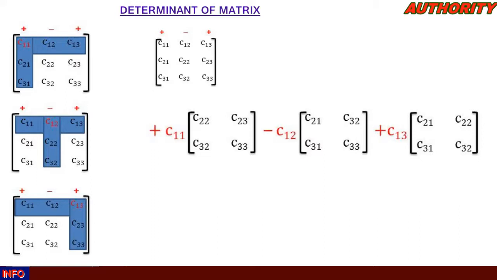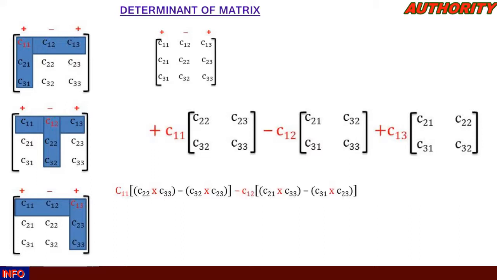Now, if we try to find the determinant of this 2 by 2 matrix, that means we're going to say C22 multiplied by C33, then minus C32 multiplied by C23. Okay, this is in bracket.